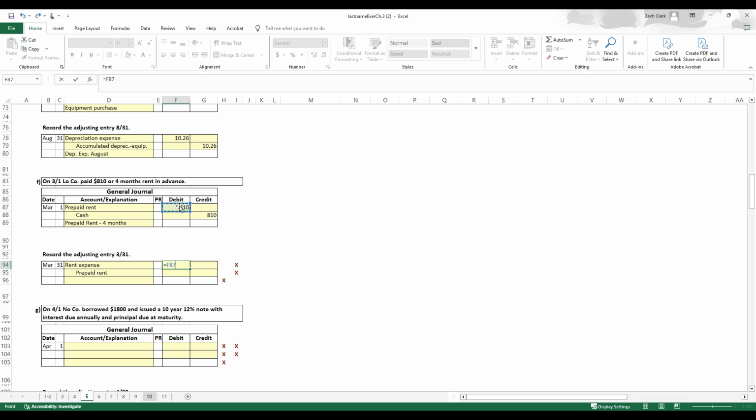So we'll just take that number, divide it by 4, and we'll say that's the amortization of rent. So amortization is the term for when you reduce an asset in that manner. So I'm just going to use that terminology, so maybe you all become a little bit more familiar with it, if you might hear me use that in different contexts.